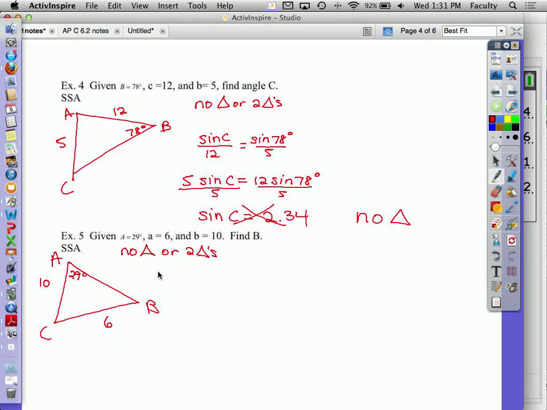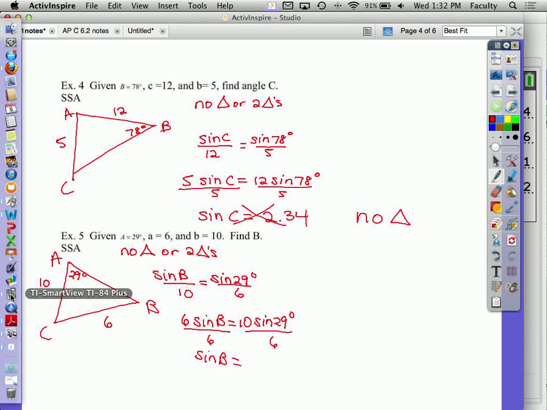So let's go ahead and start. Let's find sine B over 10 equals the sine 29 degrees over 6. I'm going to cross multiply and get 6 sine B equals 10 sine 29 degrees. You do as much work as you need to see, your pre-calc students.